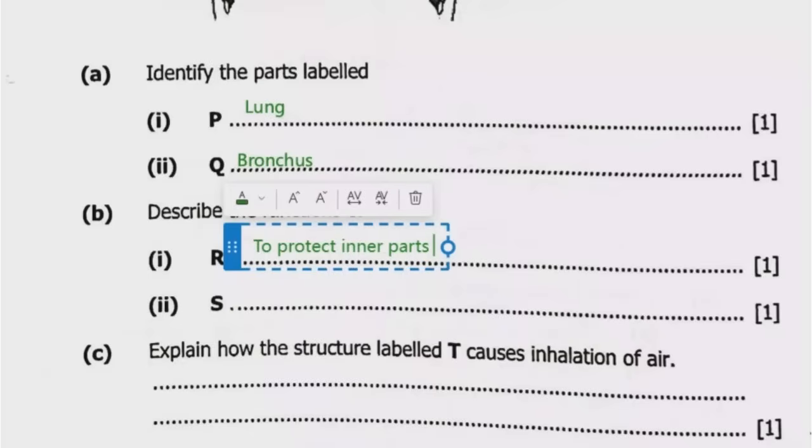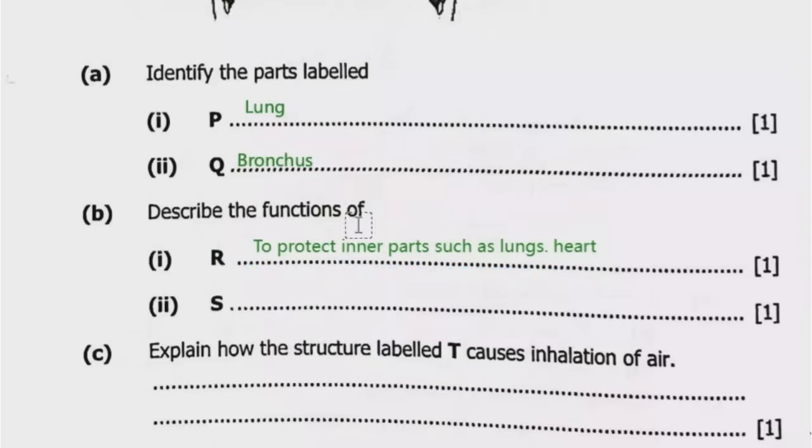Inner parts such as lungs, heart, etc. There are many parts that you can mention that are protected by the ribs. Whatever parts are found in the rib cage are protected by ribs. So that is the answer, to protect the inner parts such as lungs, heart, etc. There are so many. I've just given you examples of those two.